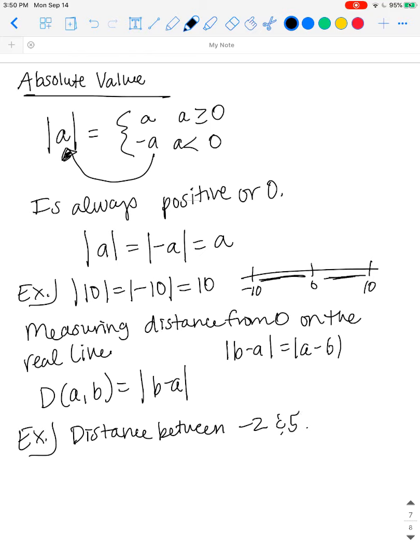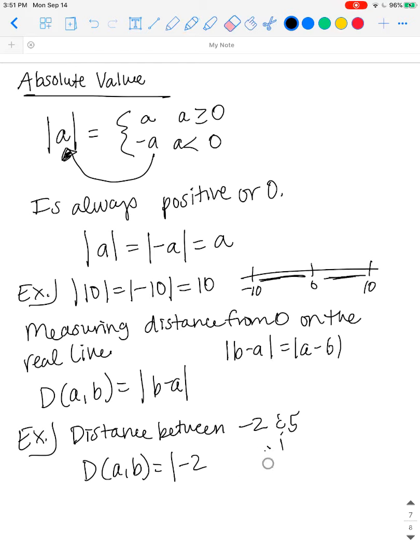Okay. So our d(A,B) equals -2 minus 5. Oh, I did -5, sorry.